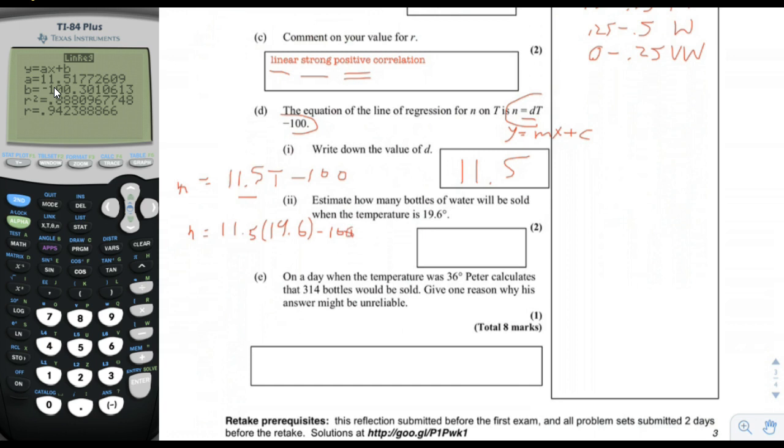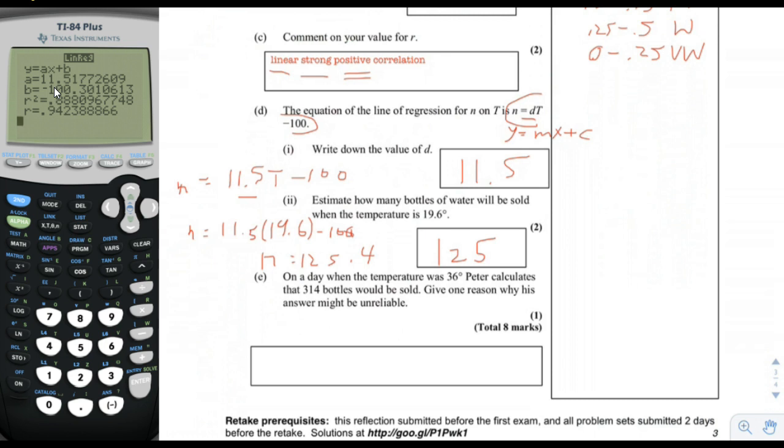I'll do this on the offline calculator because it's faster. 11.5 times 19.6 equals 225.4, minus 100 is equal to 125.4. So n equals 125.4, but if we're just going to estimate the number of bottles of water, it would make sense to round it, so I'm just going to say 125 bottles of water.